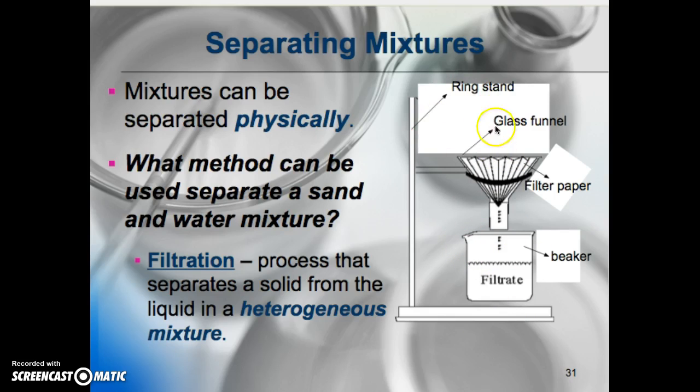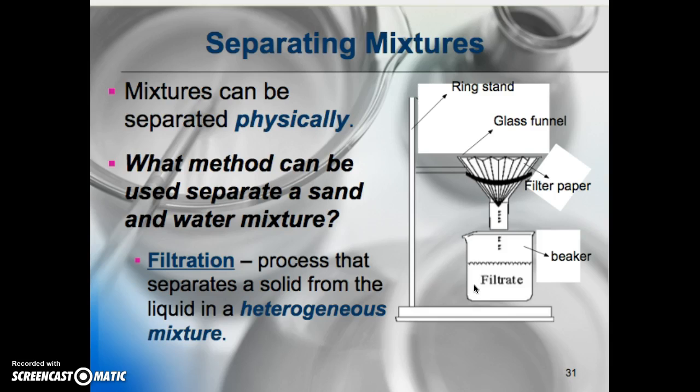So let's say you were to take sand and water and dump it in here. The water would all go through the filter and end up down here. The sand would all stay on top. So filtration is a way to separate a heterogeneous mixture, things that have two different phases, like a solid and a liquid. The solid stays up here, it can't go through the filter paper, but the liquid goes through.